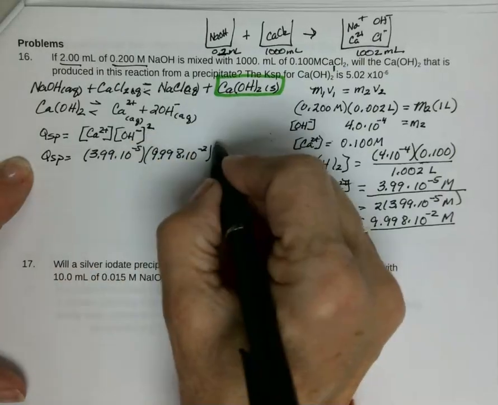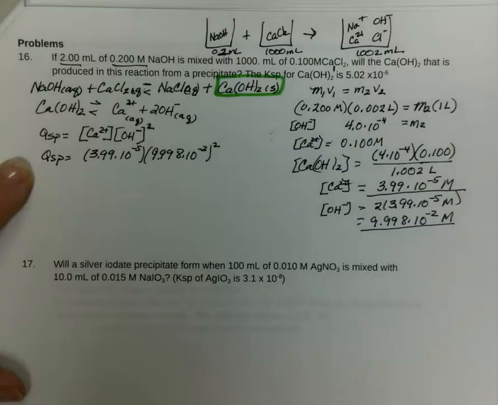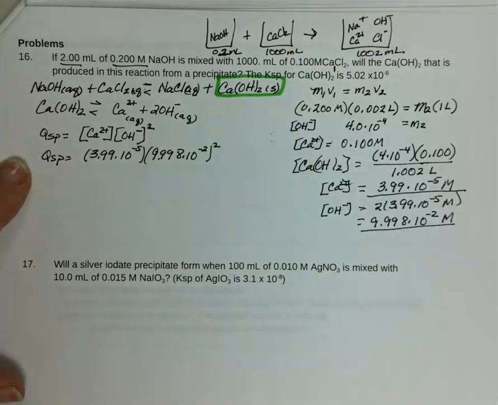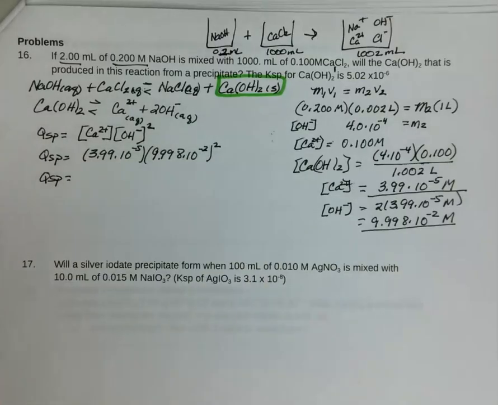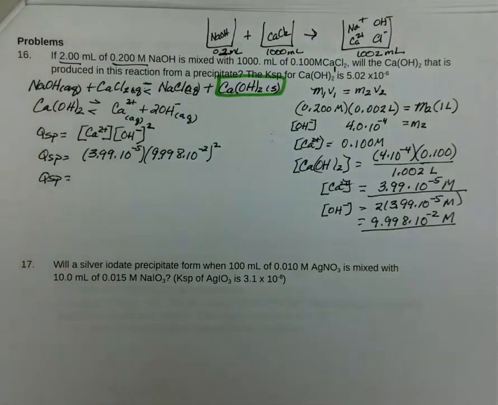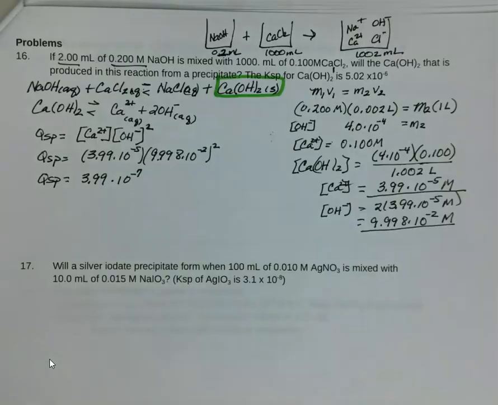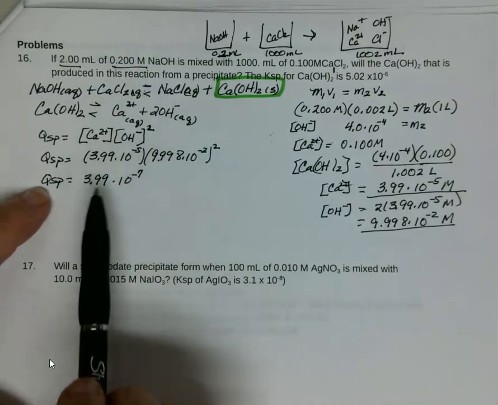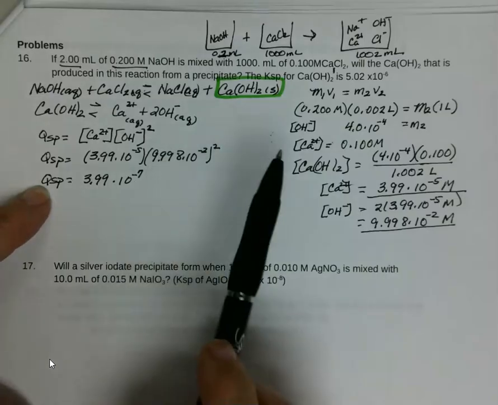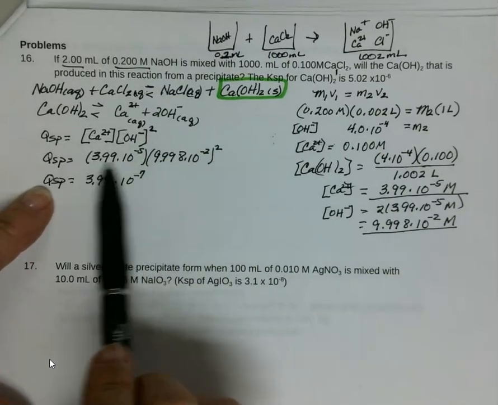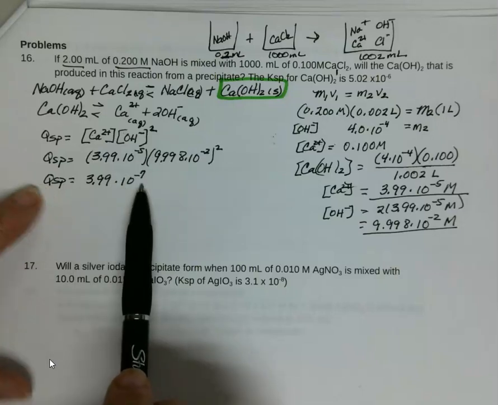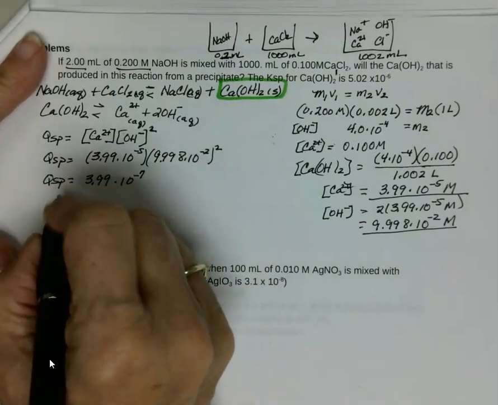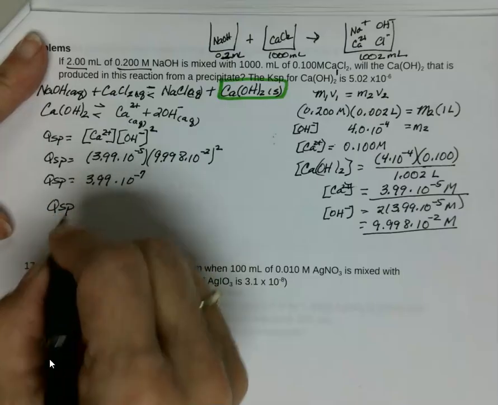This is squared, and I don't know that I squared it when I ran it in my calculator. So let me go ahead and put that in. Okay, again, please double check all the time my numbers, but this is not what I had earlier because I realized as I was copying things down that I did not square this originally. So this is what I get, 3.99 times 10 to the negative 7. I notice it's not going to affect my overall answer, so I think we're good.